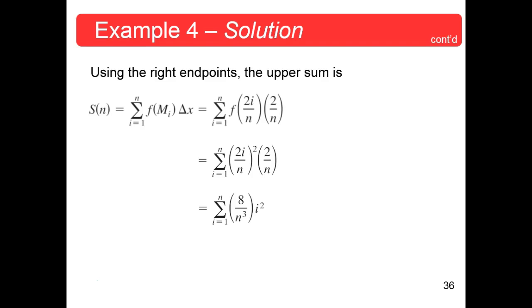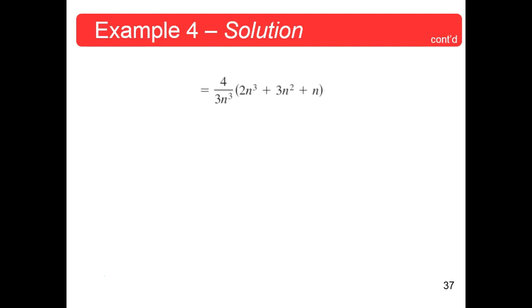The 8 over n cubed comes out front, and that's just the summation of i squared. The summation of i squared is just that simple form, because you don't have those other two terms. When you do all that, you get something similar, and the sign that was a minus before is going to be a plus here.